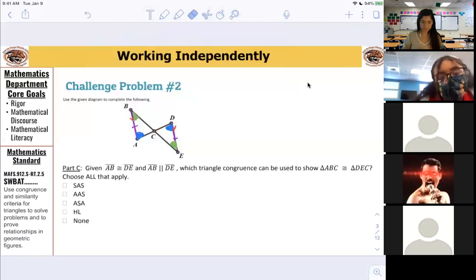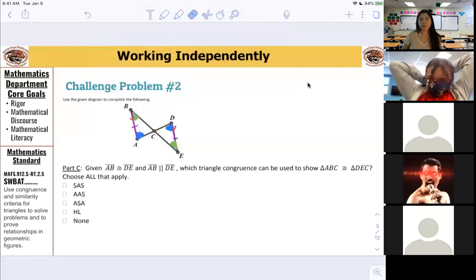Is there something to do with angle C? It is something to do with angle C. What do we know about angle C? It's not the midpoint because they didn't say that. Angle C is congruent to angle C.